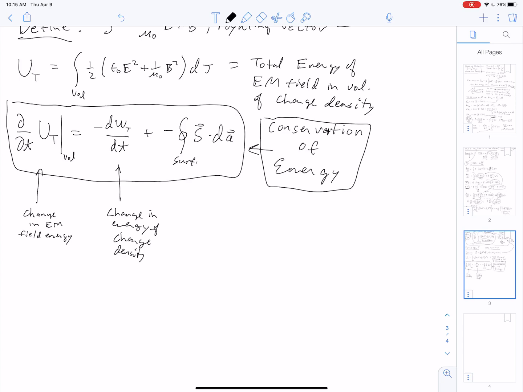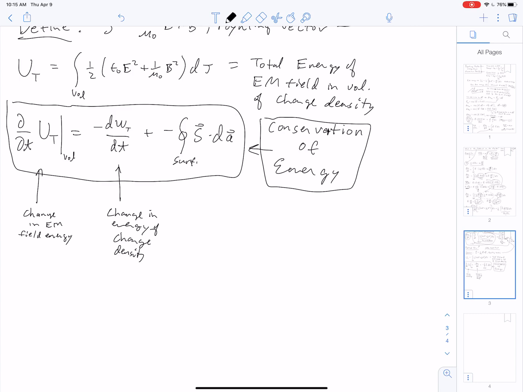So think about it, if the electromagnetic field is losing energy, then the time rate of change is negative, and that means that the work done on the charge density is positive, because it's doing positive work. So the energy is going to the charge density. So that makes sense that dU dt would equal negative dW dt.